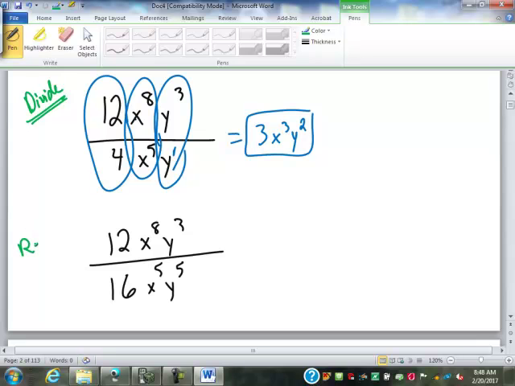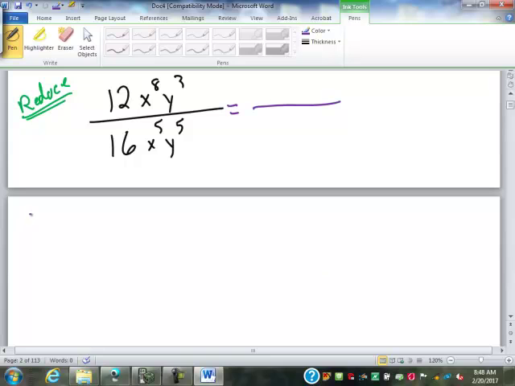Here, what I'm going to ask you to do is just reduce. So we're simply reducing a fraction. Well, just like we were doing up above, we can reduce this by factoring. So I'm going to factor 12x to the 8th, y to the 3rd.